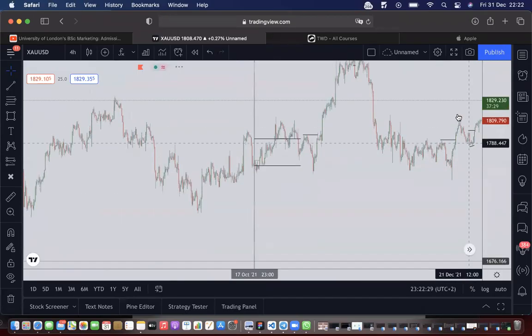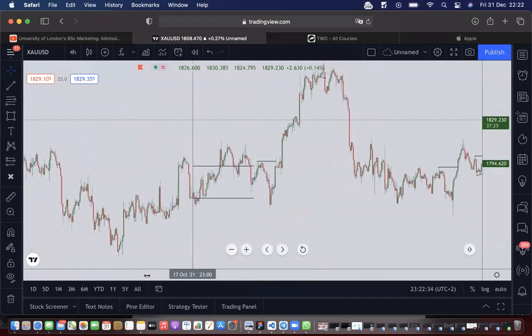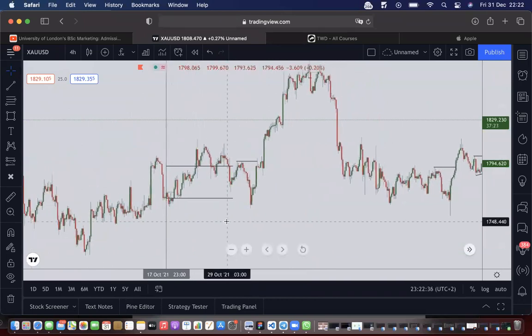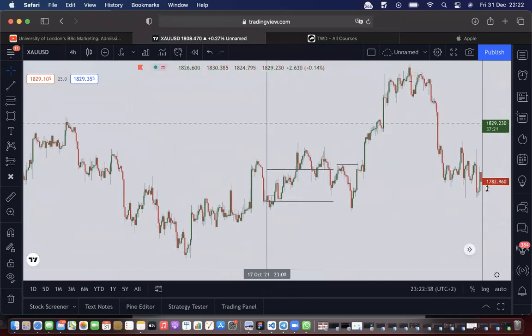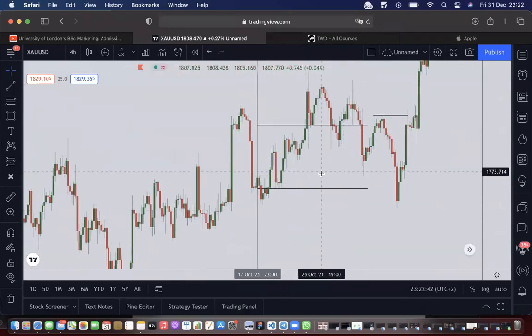Yeah, so this is the zone, right? This is the old zone. We are looking for where price will come back to pick the zone. Okay, where price will come back to pick zones, right?